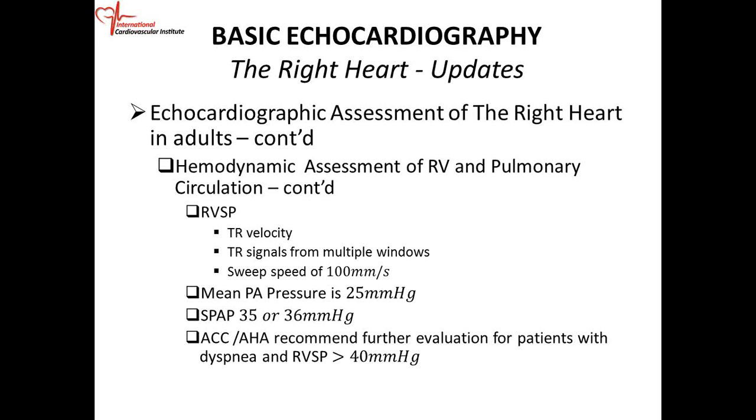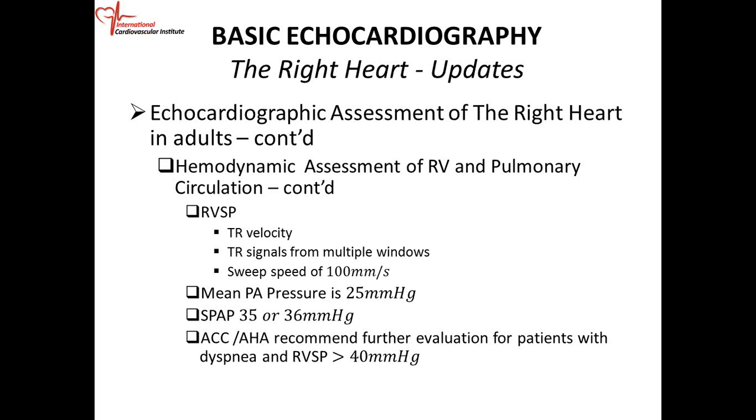And we went over the pathophysiology of TR. You should look at your TR signals in multiple windows, because remember, you want to get the beam as parallel to blood flow as possible. Remember our angle theta? If theta is 0, then the cosine of 0 is 1. If theta is 90, cosine of 90 is 0.